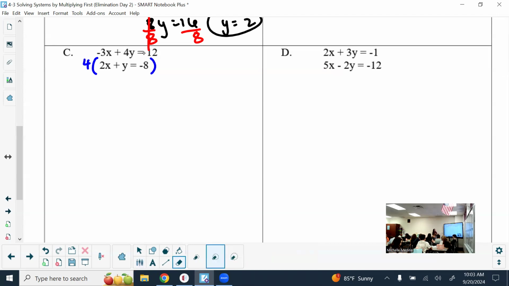There is another way you could try to get the x to eliminate, but that would involve you multiplying both equations, which isn't working smarter, not harder. I'm not saying that won't still get the right answer if you do that. Just this seems to be easier. So let's do that. The top equation, I'm going to leave as is.